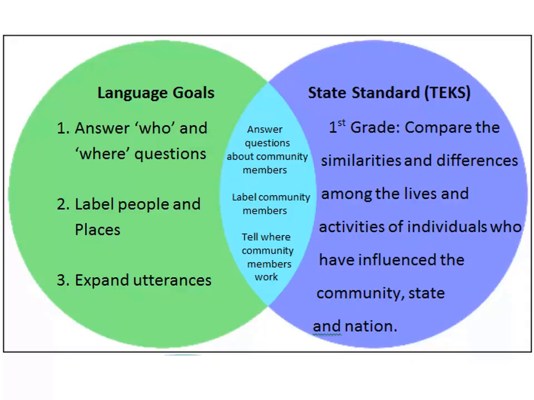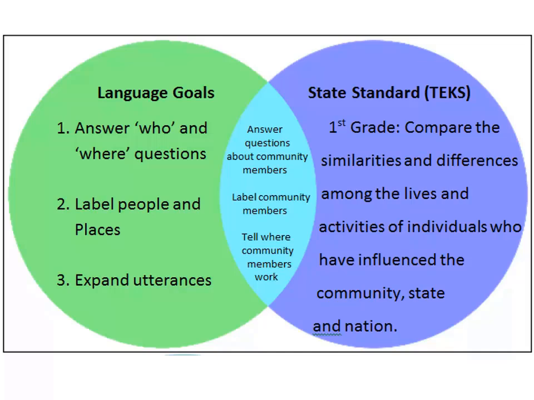So here's a Venn diagram that gives an example of typical speech language goals as well as a specific state standard, and this demonstrates how these two can intersect. So if we look at the language goals, we see answering who and where questions. We see a goal for labeling people and places, and a goal for expanding utterances.